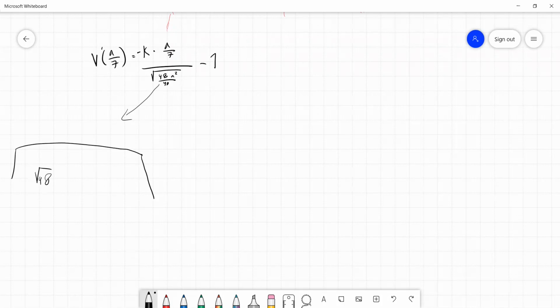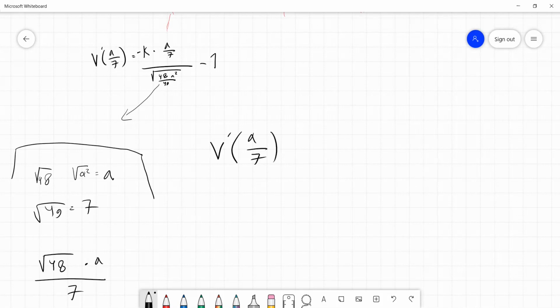But a squared underneath the square root would just give you an a. Then 49 underneath the square root would give you 7. So we could rewrite this as root 48 times a over 7, like that. So we could rewrite the fraction like that.